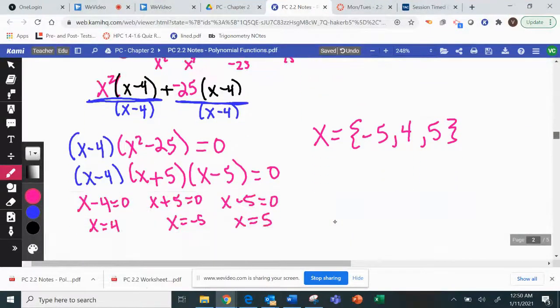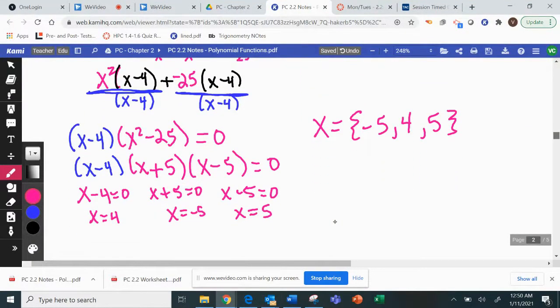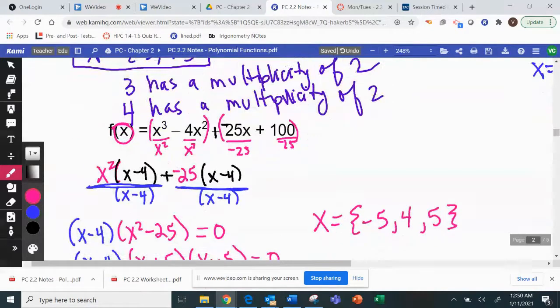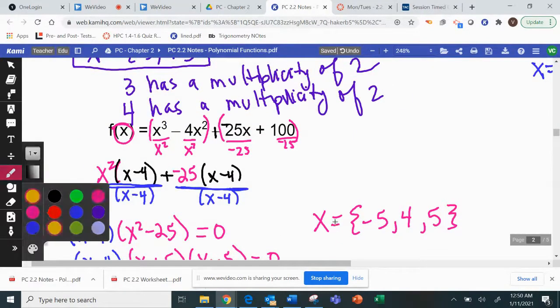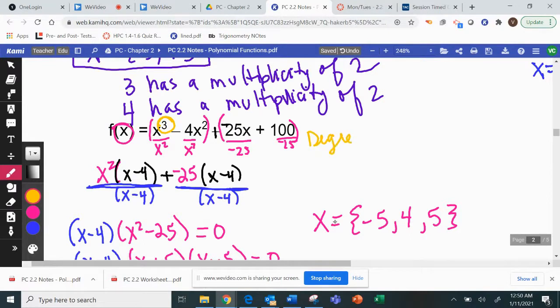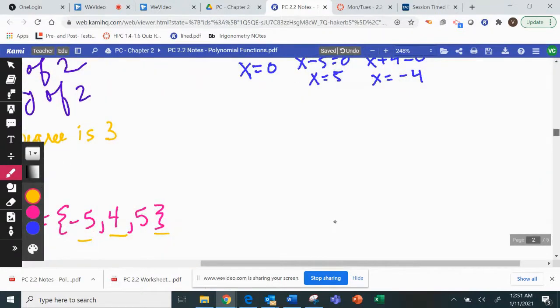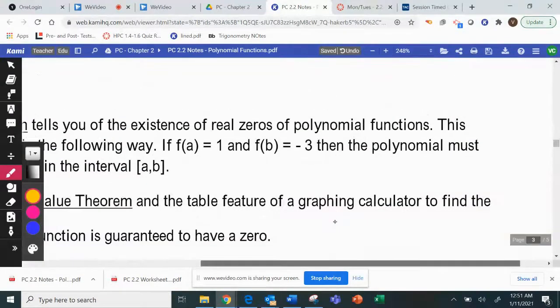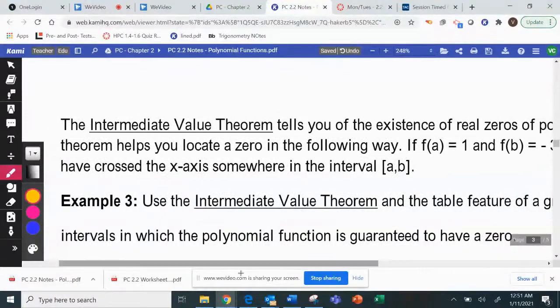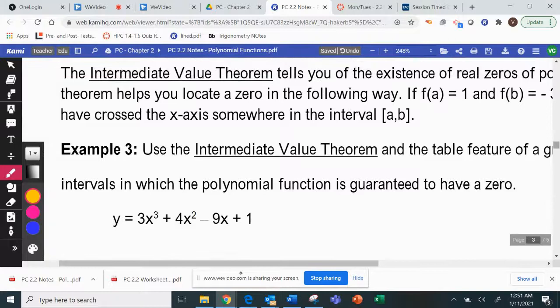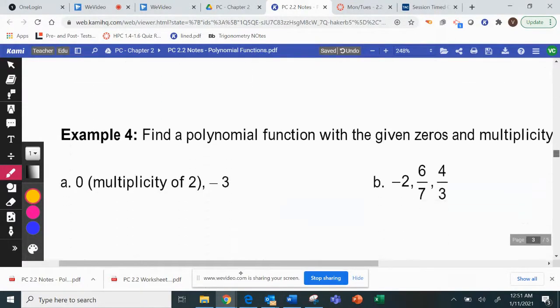I did not see any repeating values. I look up here, the degree of the original question. The degree is a 3. And we have 1, 2, 3 solutions, so I'm not missing anything. Okay, this intermediate value theorem, you know what, I'm going to go to it last.